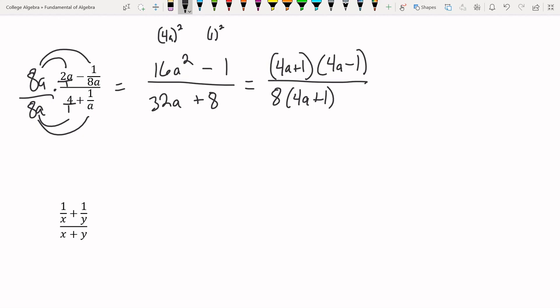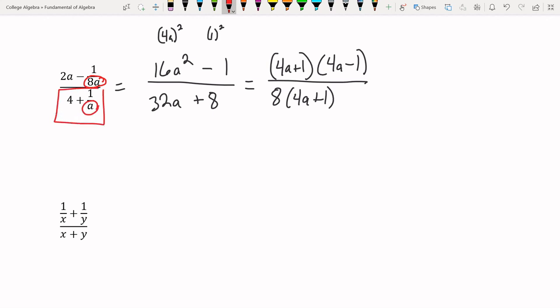We can cancel out the 4a plus 1, but before I do that, I'm going to go back and clean this up because I want to look at the denominators that we have. We have an 8a in the denominator, a regular a in the denominator, and a 4 plus 1 over a in the denominator. So we actually have 3 denominators we have to consider here.